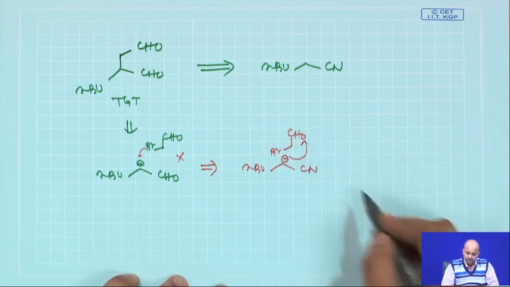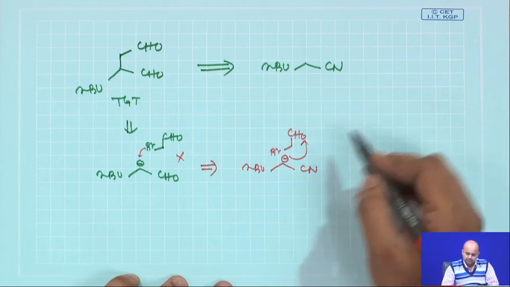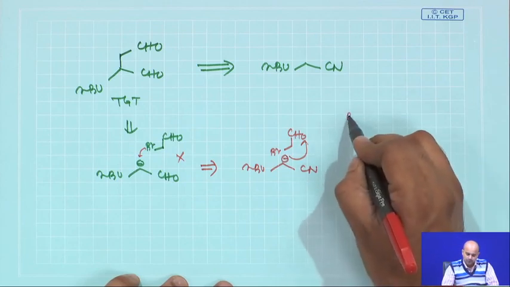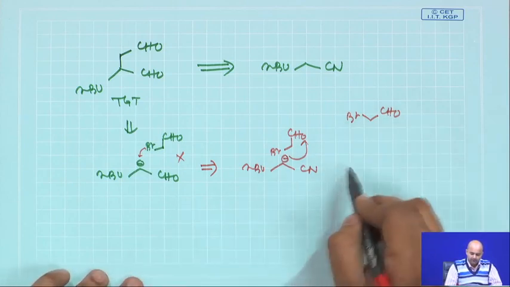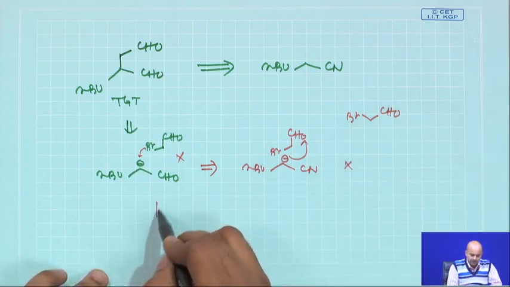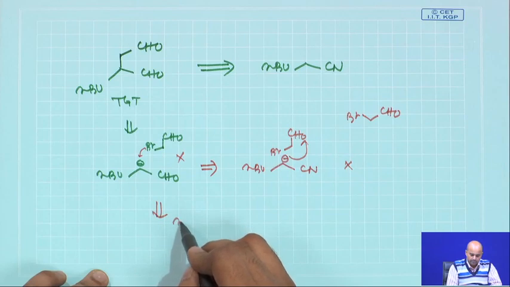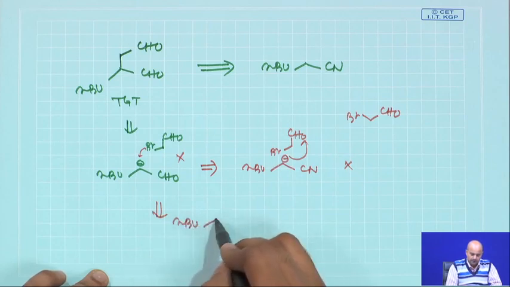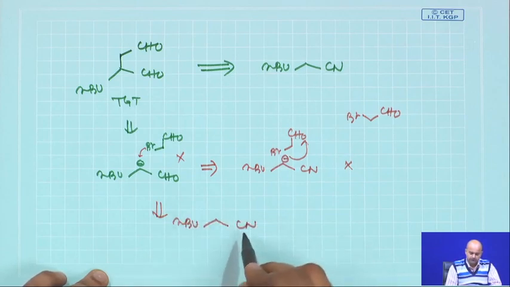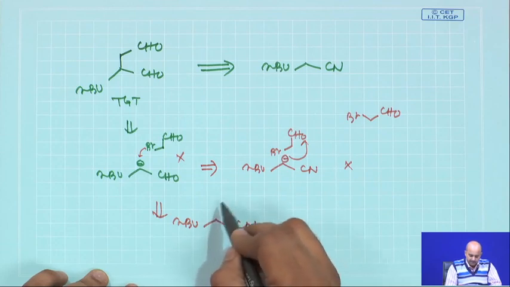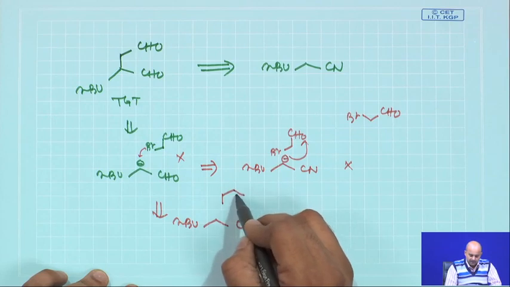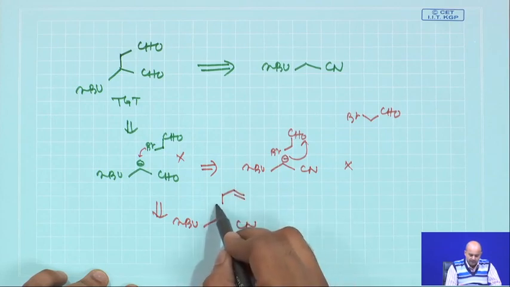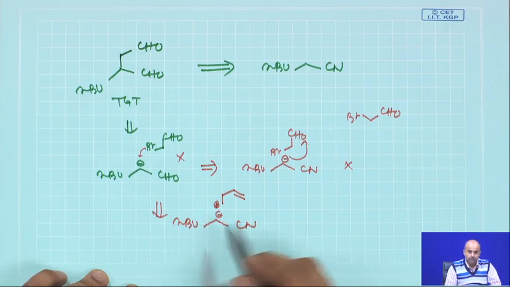So, how can you introduce BrCH2CHO? I say okay, let us try it the other way. Let us put these things. Then if you can fuse an allyl group here, this allyl as an electrophile, then it looks quite possible.